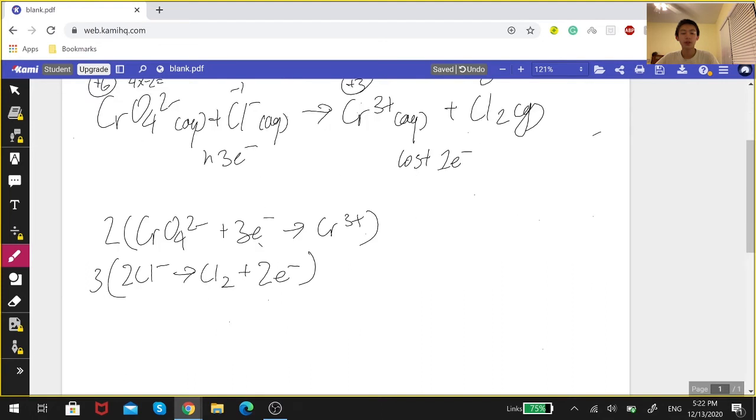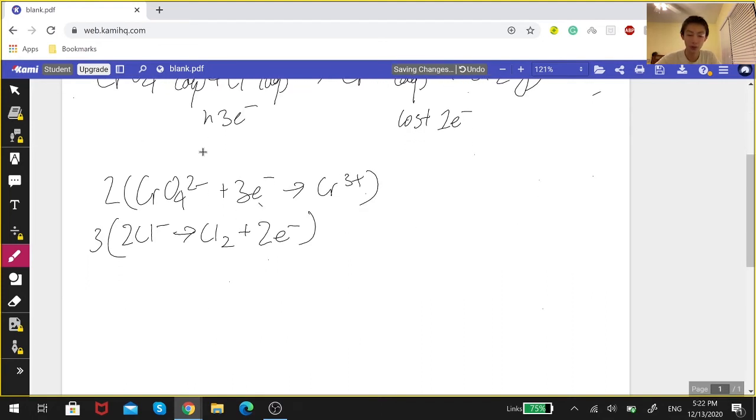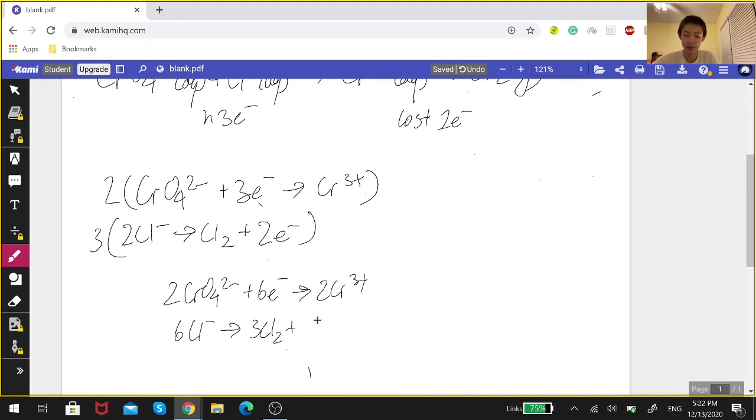That makes 2 CrO4 2- plus 6 electrons yields 2 Cr3+, and 6 Cl- yields 3 Cl2 plus 6 electrons.